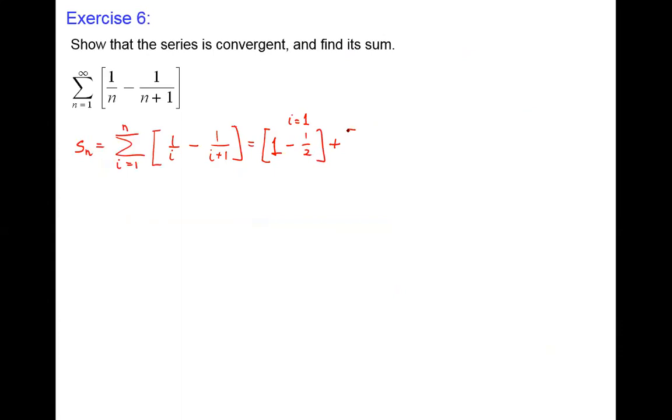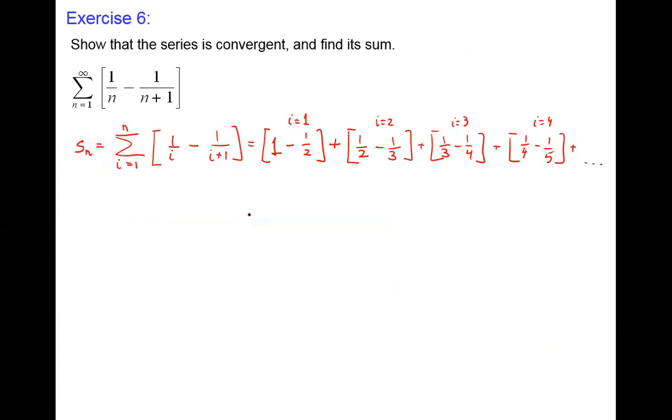Then sigma is telling me to add. Then I will have a term for i equals 2: 1 over 2 minus 1 over 2 plus 1, which is 3. And then a term for i equals 3, 1/3 minus 1/4. Maybe one more for i equals 4, 1/4 minus 1/5.